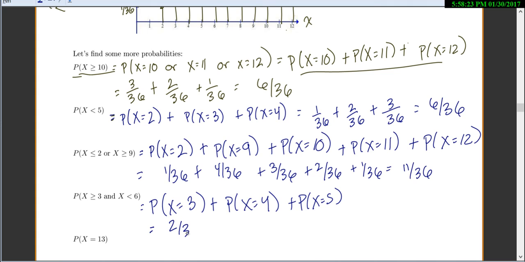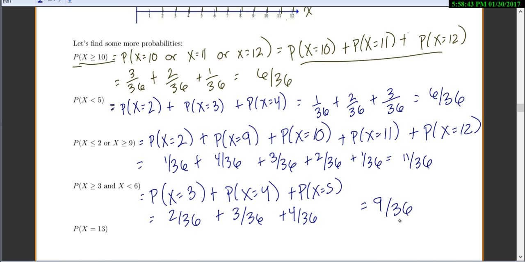So this would be 2 out of 36 plus 3 out of 36 plus 4 out of 36, which is 9 out of 36. So you're going to be doing lots of problems for this on the entire chapter of Chapter 2 and Chapter 3. And again, every time just list out the x's that apply, find the probabilities from there.